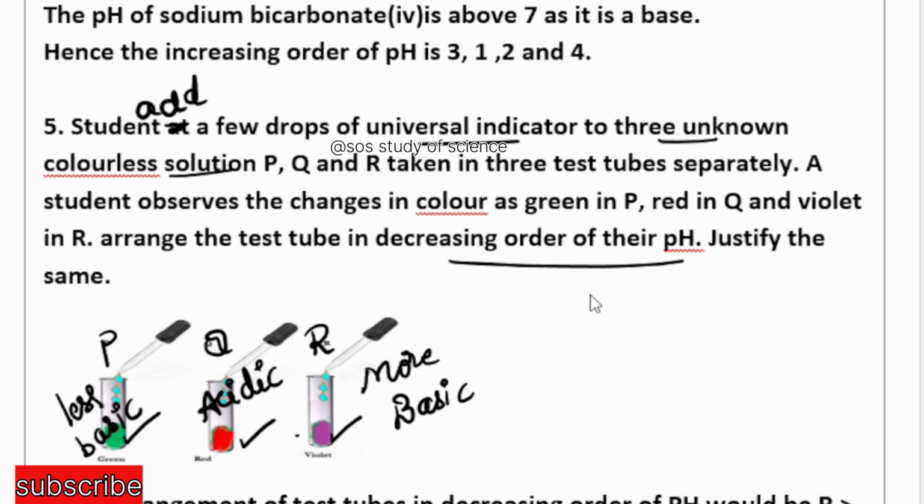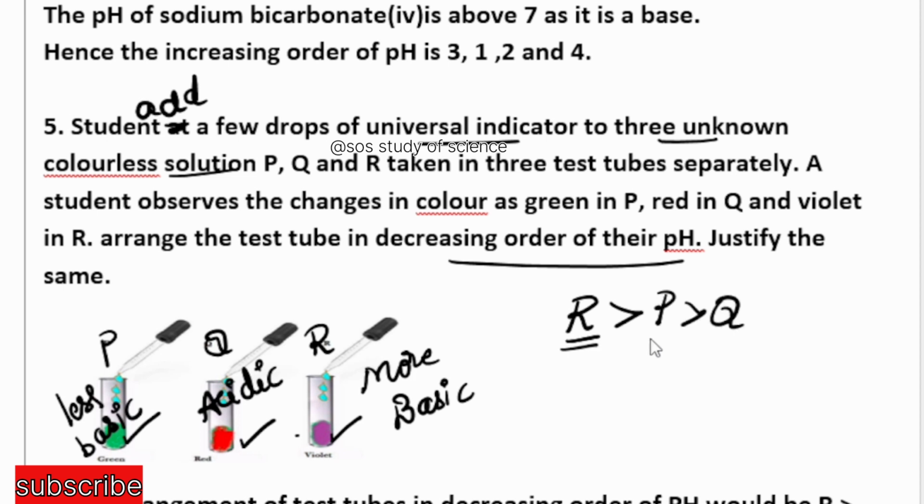Which comes first? First comes the more basic, then the less basic, then the acidic. So first comes R, next comes P, next comes Q. That means R is more basic compared to P, and P is more basic compared to Q.